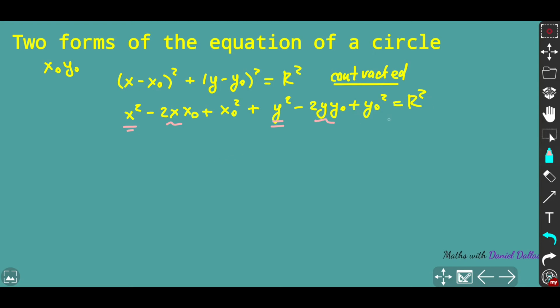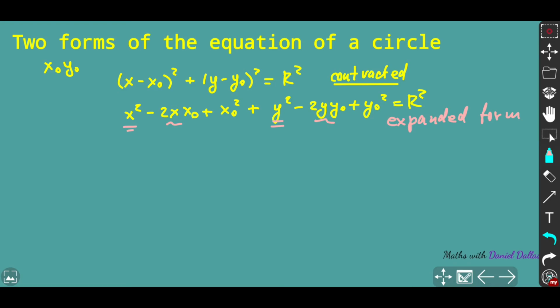This is the expanded form of the equation of the circle. And as you understand, because we can successfully expand those binomials, we can come back to the contracted form. Sometimes there might be questions where, from the contracted form, you need to get the expanded form, like x squared plus something x plus y squared plus something y, and plus c, for example.